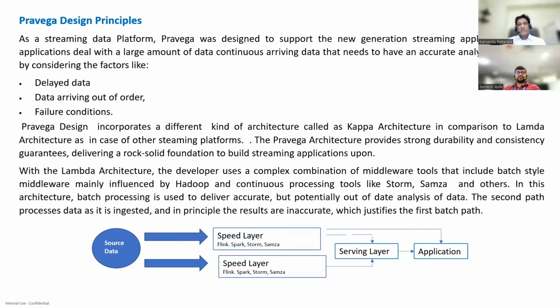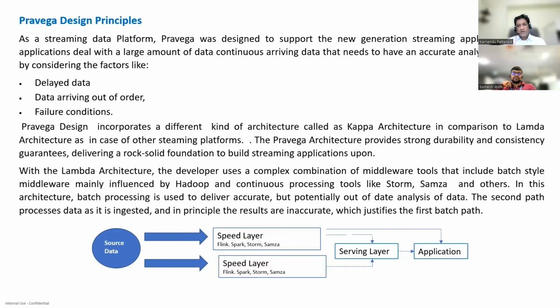How it does it is that it follows a different architecture called Kappa architecture, whereas all other middleware tools actually follow the Lambda architecture. In Lambda architecture, the data source goes to the application directly, and then it also goes through the serving layer.